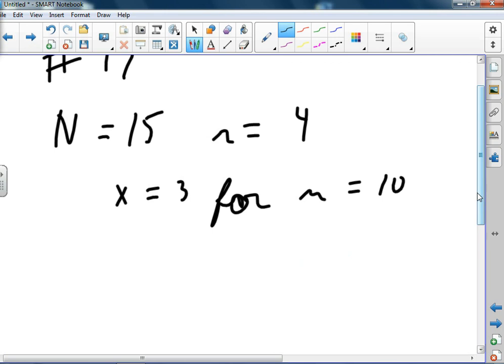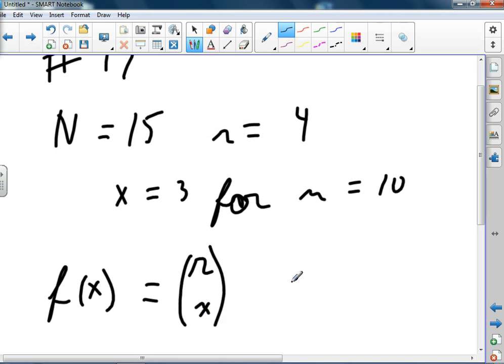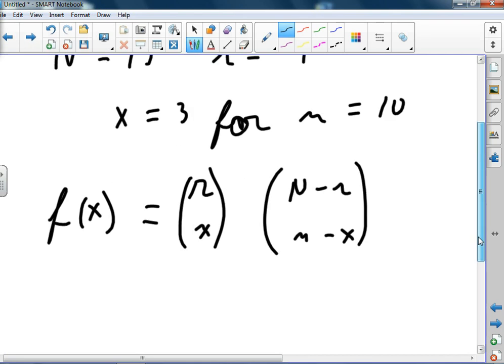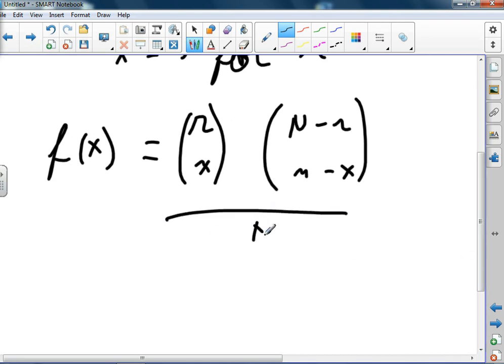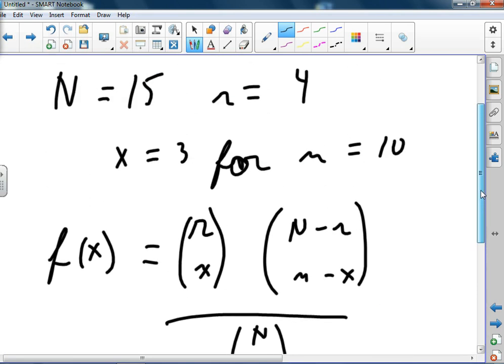All right, so the probability of x is going to be r choose x, times N minus r choose n minus x, divided by capital N choose little n. And all those are combination things. So all we got to do is fill in the blanks.